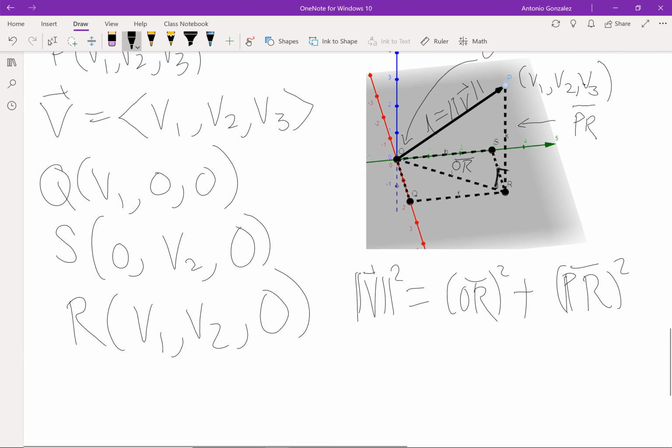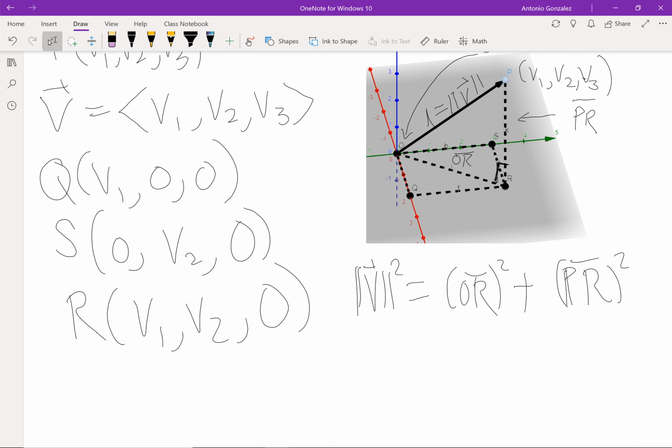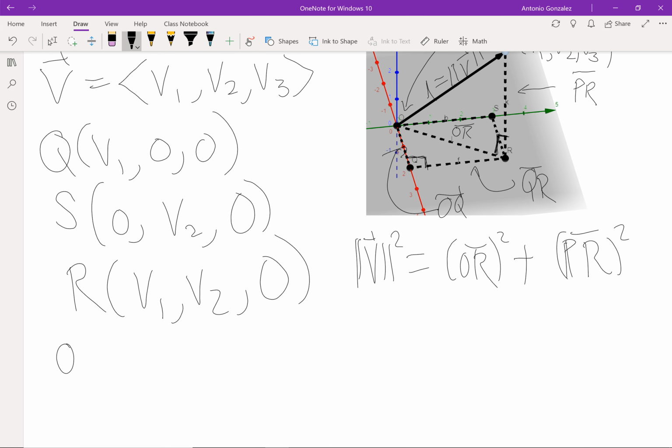All right, now if I go further, if I look at that triangle in the XY plane, the one made up by the segments OQ, this one here would be OQ, and then this one here would be QR, I have another right triangle there in the XY plane. That means OR is the hypotenuse of that right triangle in the XY plane.